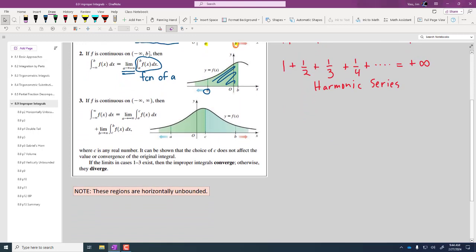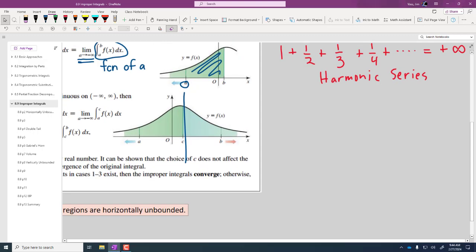And then the worst case scenario is if you have a 2-tailed function. And if you have a 2-tailed function, you have to do 2 improper integrals. You have to break it apart somewhere. Doesn't matter what you pick as your left endpoint for the right tail or your right endpoint for the left tail. It doesn't matter what value you pick. They just call it c here. Then you have to do this improper integral to the left.